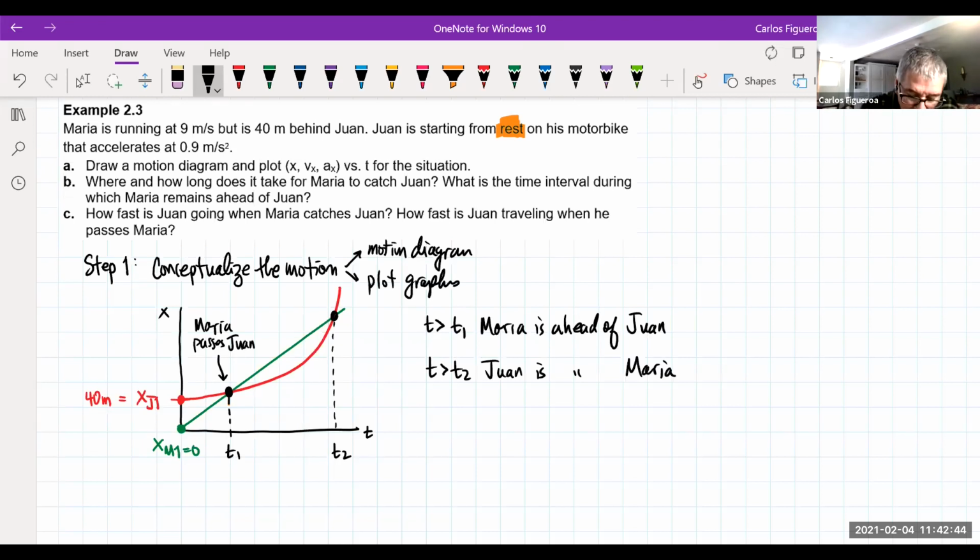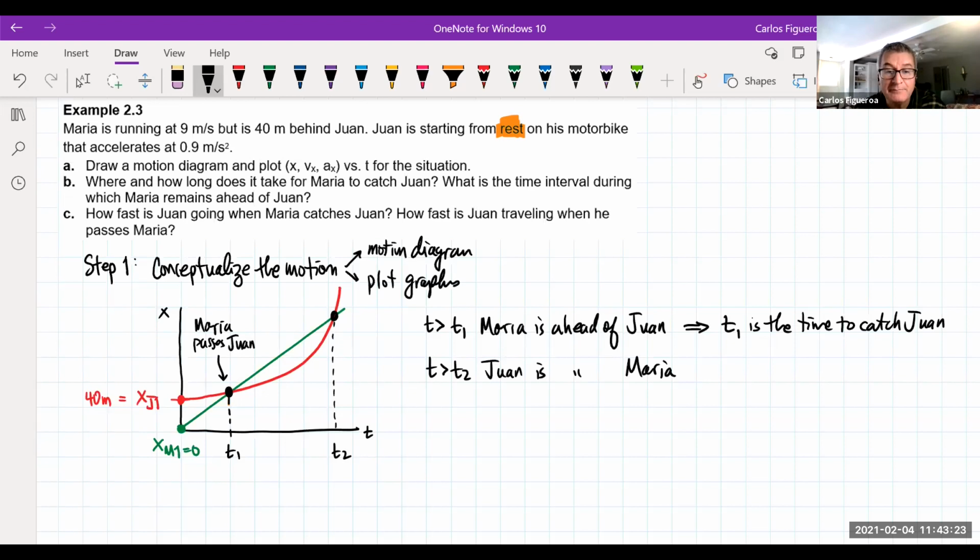So when I look at the question, it says, where and how long does it take Maria to catch Juan? So in other words, this tells us that T1 is the time Maria takes to catch Juan.